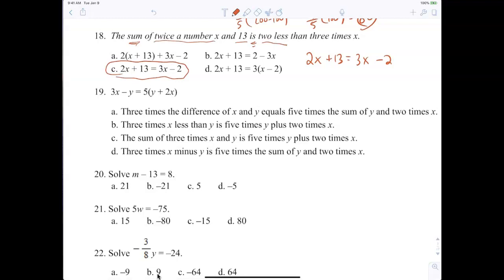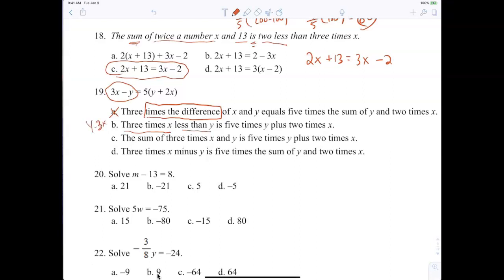Alright, now let's look at this. 3 times the difference. Now, 3 times the difference, remember when I told you when the operations are written together, that requires the parentheses. So there is no parentheses here, so it can't be that one. So 3 times x, that's good. Now, less than y. So that would be y minus 3x.